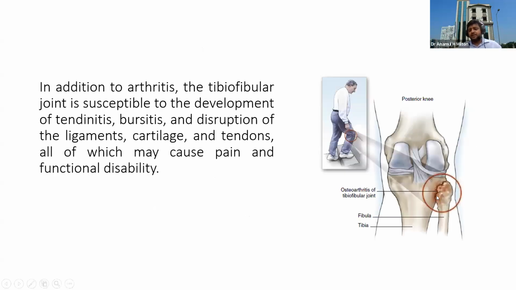So this is the tibia and this is the fibula, and here is the attachment. If there is an inflammatory part, you can consider a steroid injection. If it is non-inflammatory, post-traumatic or degenerative, you can consider PRP in this area.